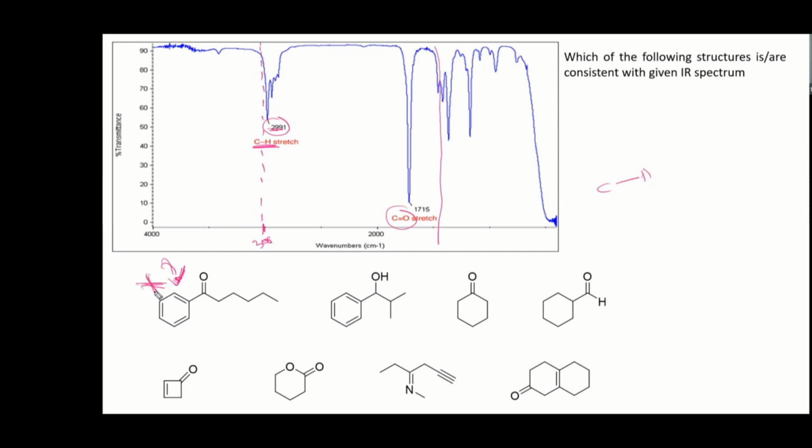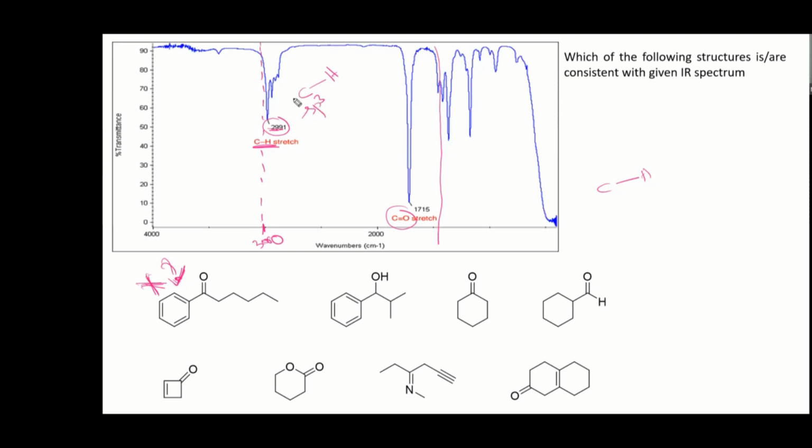All right, I will tell you why. Because CH stretches below 3000 all have to be hydrogen-carbon stretches of sp3 carbons.